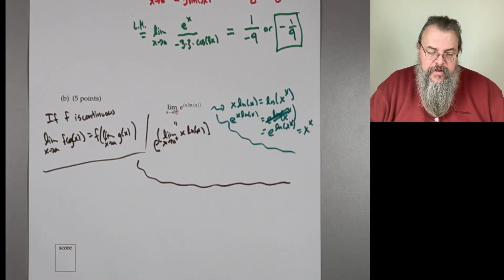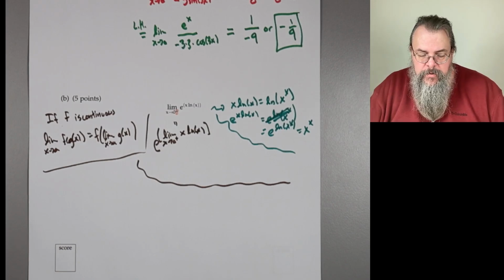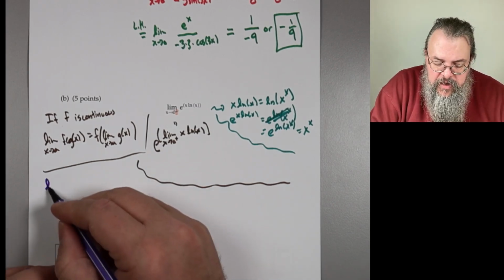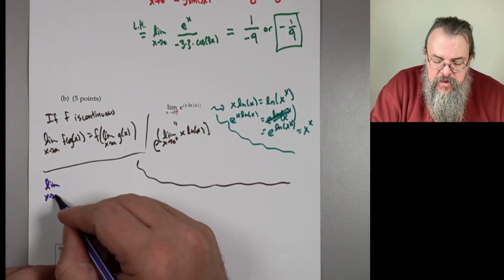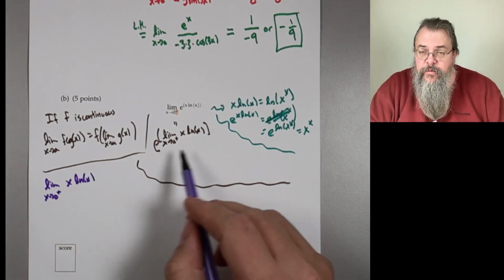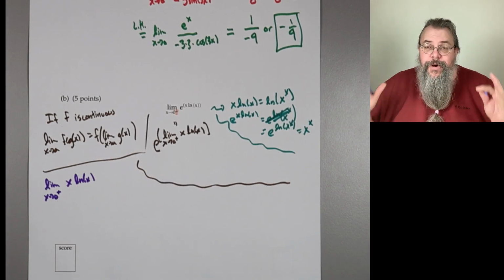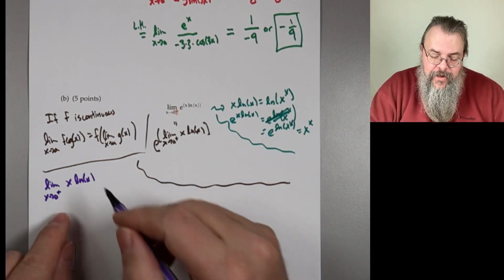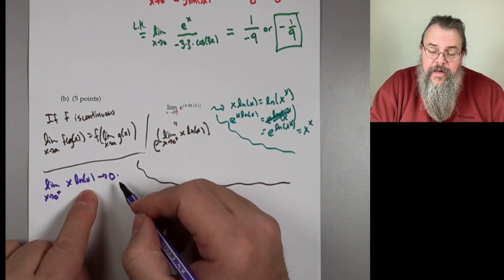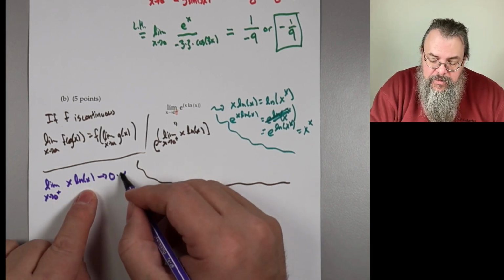All right, so what do we do? Well, we have the limit as x approaches 0 from above of x log x, right? We're working in this smaller space. What does this do? Well, x is going to 0, so this is going to 0, and log of 0 blows up.